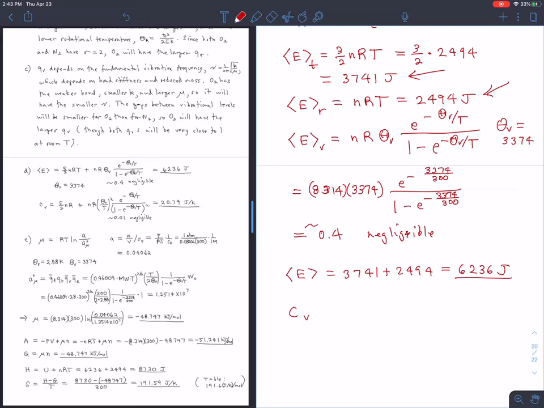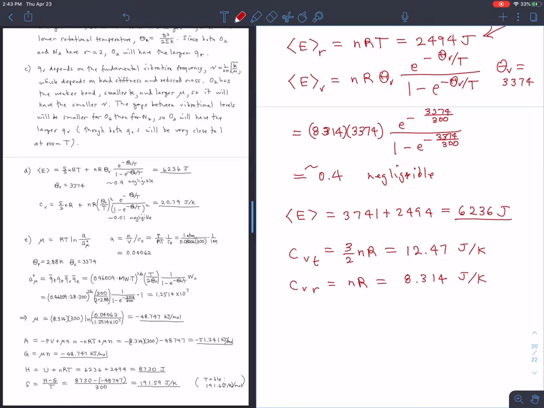All right, now the CVs. CV for translations is 3/2 NR, which is 3/2 times 8.314, which was 12.47, as I recall when we did that before, joules per K. CV for rotations is just going to be NR in this case, that's 8.314 joules per K. And the sum of those two, the translations and rotations together, is going to be 20.8 if I remember right.